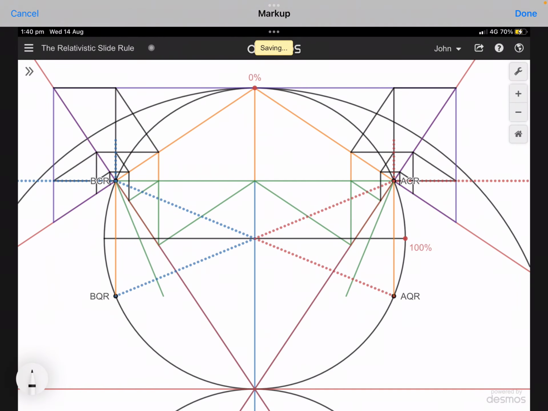Okay, so here they've both made a measurement on a 45-degree angle, according to them.